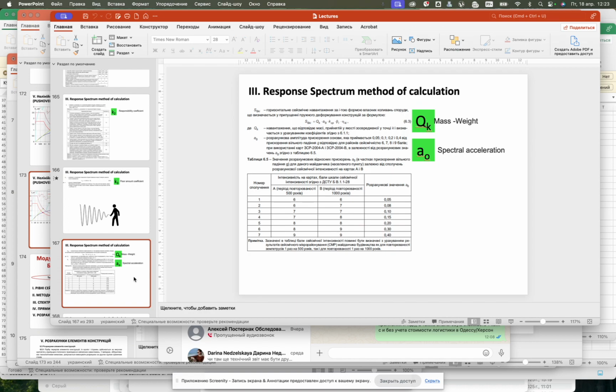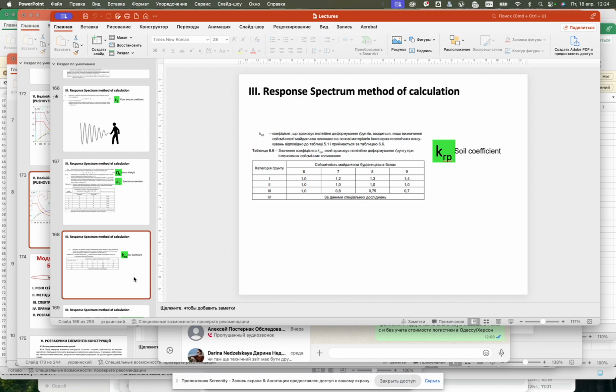Q with index k is the mass weight. It's the same mass as you know, but in this calculation we include it as the mass corresponding to the exact weight which affects the slab. And A with zero index is the spectral acceleration.